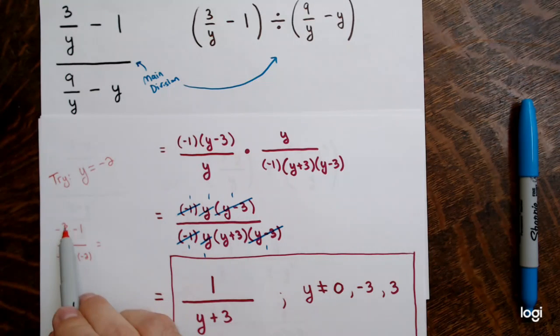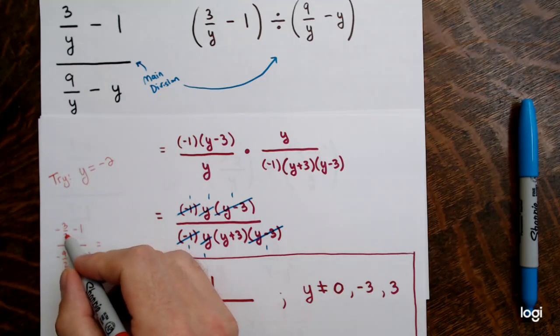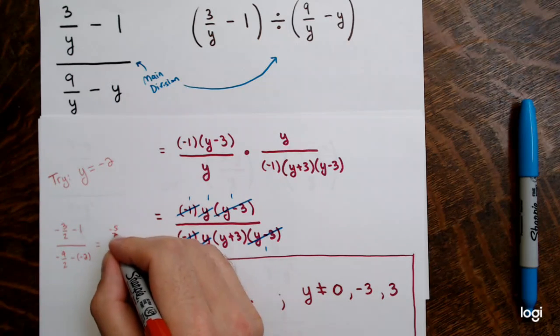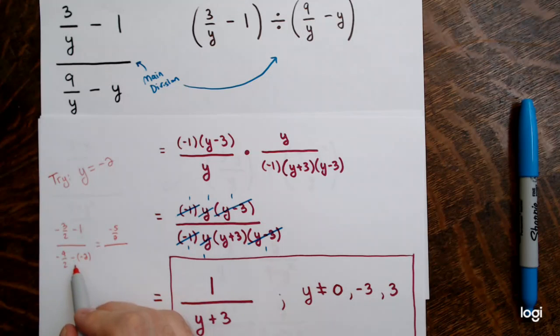Up in the numerator here, this would be negative 3 halves minus, and I hope you see that 1 would be 2 halves, 2 over 2. Negative 3 over 2 minus 2 over 2 would be negative 5 over 2 in the numerator. And then the minus negative 2 is really just plus 2, right? So you have negative 9 over 2 plus 2, or 2 over 1.